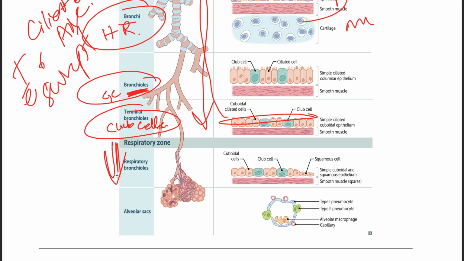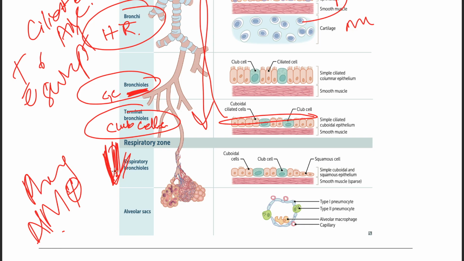Clearance beyond this point into the respiratory bronchioles and alveolar sacs depends upon phagocytosis by the alveolar macrophages. Either they would destroy them, or if they cannot destroy them, they would transport them to the pulmonary lymphatics or terminal. In the lymphatics, the immune system would start working and all that.